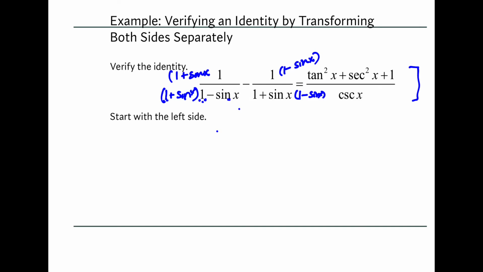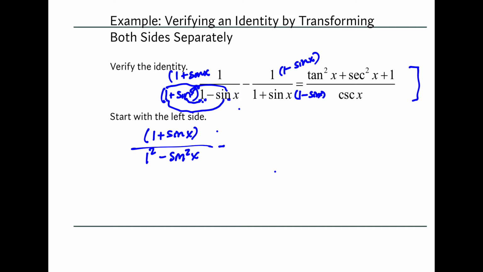So this would give me 1 plus sine x on top over, this is a difference of two squares. So that always gives us the difference of two perfect squares because the inners and outers cancel. We have 1 times 1, which is 1 squared. And then we have positive sine x plus negative sine x, and then positive sine times negative sine, so minus sine squared x.